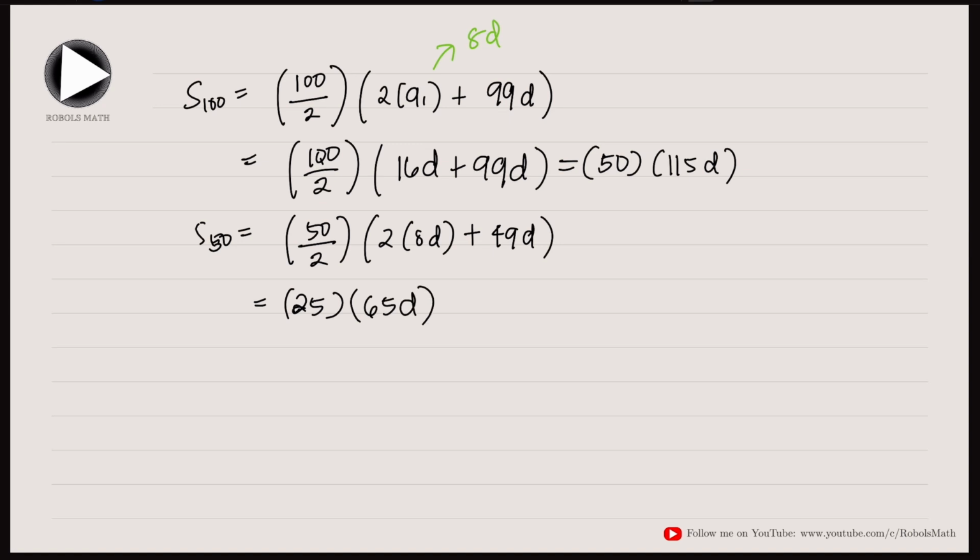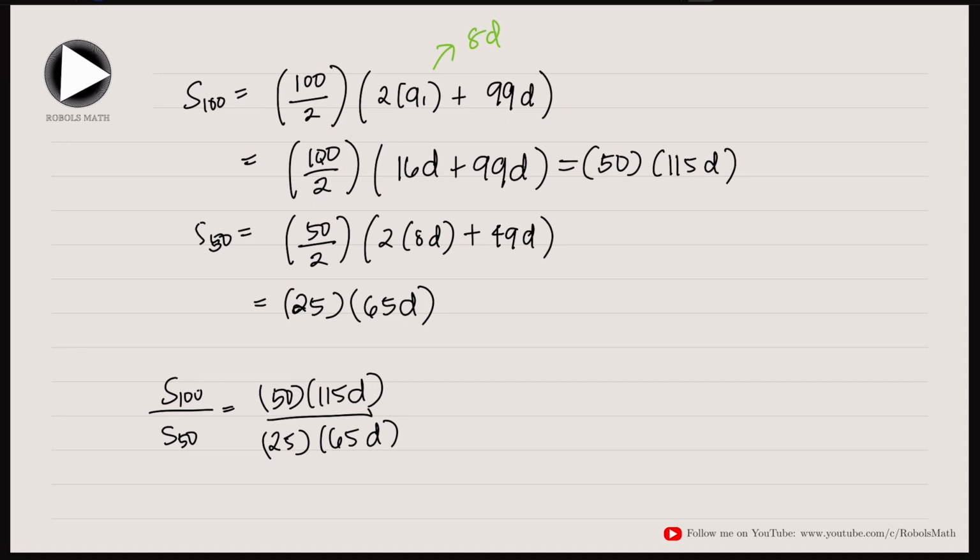Now, what's good about this is that both S sub 100 and S sub 50 are just multiples of d. So if we get the ratio of S sub 100 over S sub 50, we get 50 times 115d over 25 times 65d.